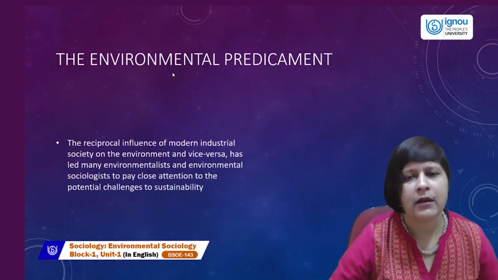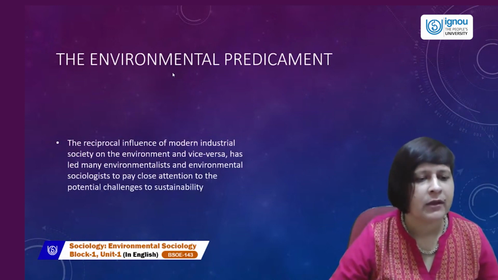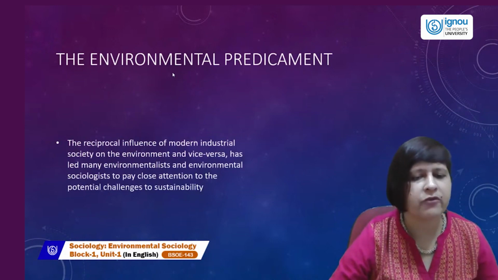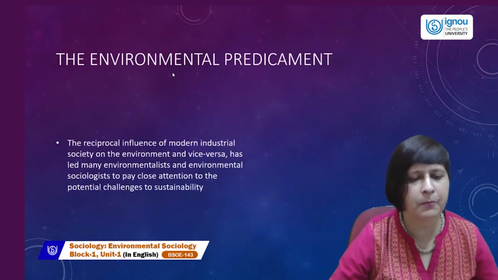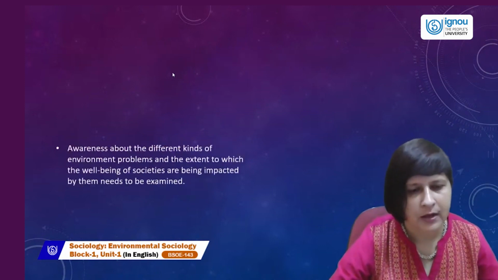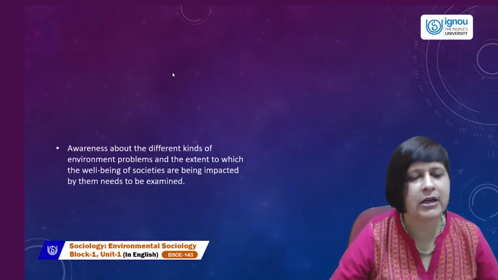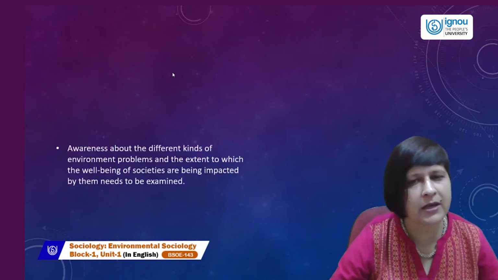The environmental predicaments, the reciprocal influences of modern industrial society and environment and vice versa, have led many environmentalists and environmental sociologists to pay close attention to potential challenges to sustainability. Awareness about the different kinds of environmental problems and the extent to which the well-being of society is being impacted by them needs to be examined.